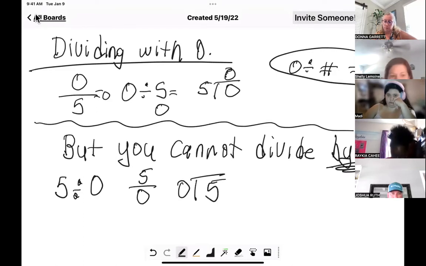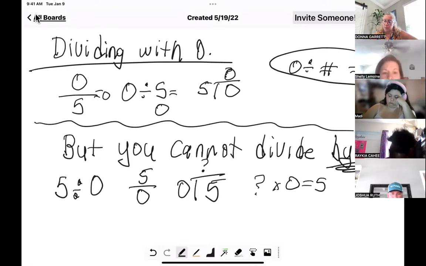It's impossible, and I'll show you why. Go back to my question. What, my question mark, times 0 is 5? What times 0 is equal to 5? There is no answer. Anything times 0 is 0. I cannot multiply anything by 0 and get 5. It's impossible.